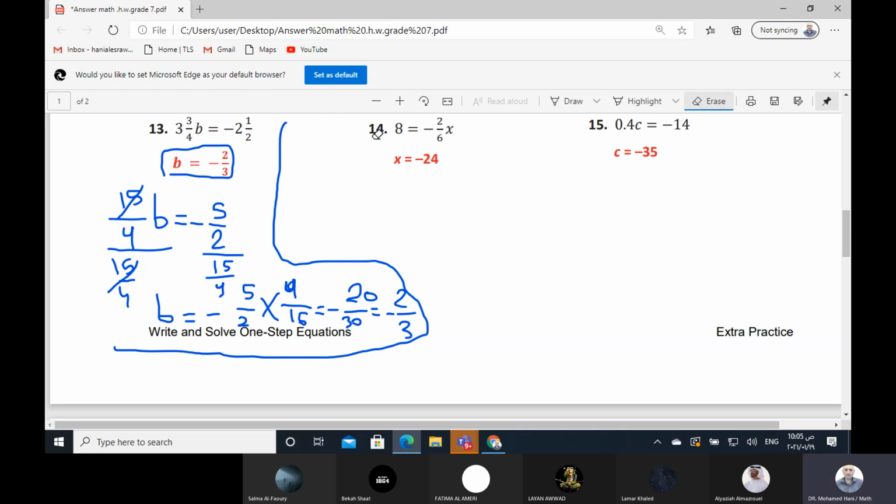Here we don't have a proportion. Here we can multiply by the opposite. And we have two ways here.